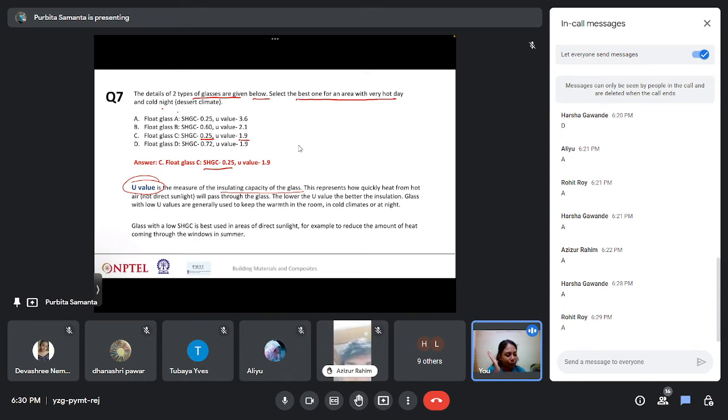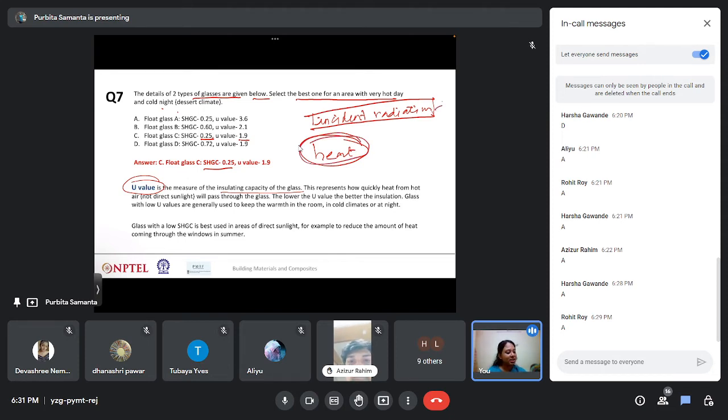Okay, so this U value basically represents how quickly heat from hot air will pass through the glass, and not the direct sunlight. So it's the heat. Okay, and it's not the incident radiation. So there is a difference between this incident radiation, or the direct sunlight, and the heat that is generated.